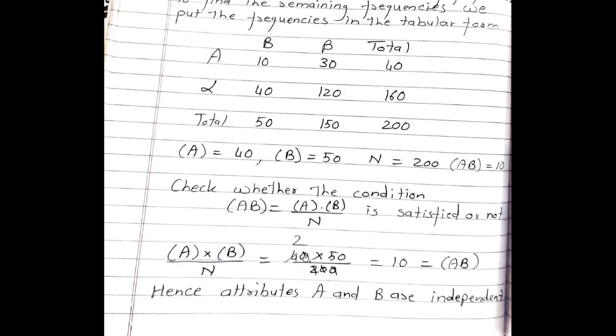Cancelling the zeros, 2 ones are 2, 5 twos are 10, so the value is 10, which equals frequency of AB. So the condition is satisfied, hence attributes A and B are independent.